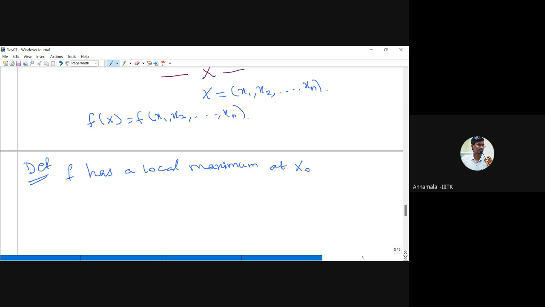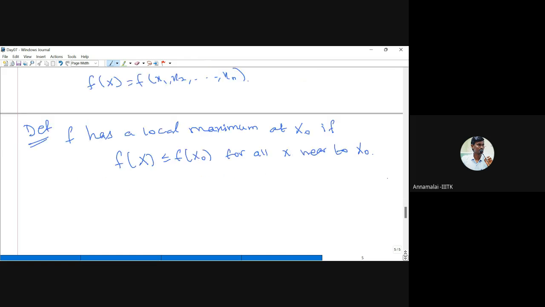Again x naught is some n tuple. f has a local maximum at a point x naught if the value of f of x is less than or equal to f of x naught, for all x near to x naught. Then we say it is a local maximum.